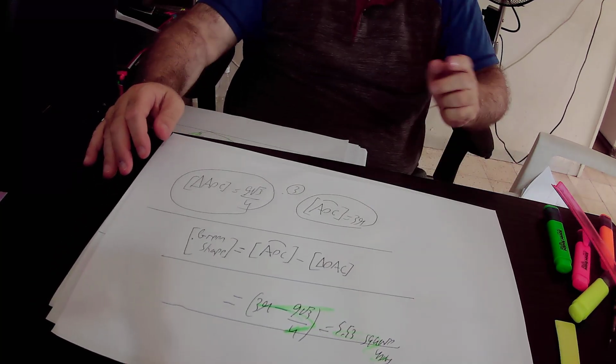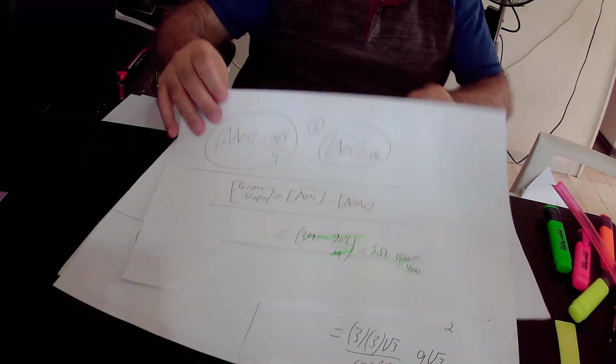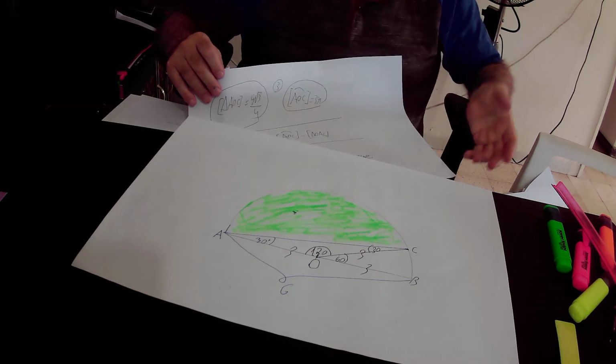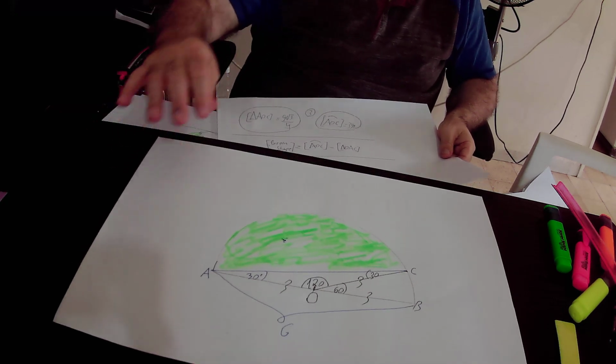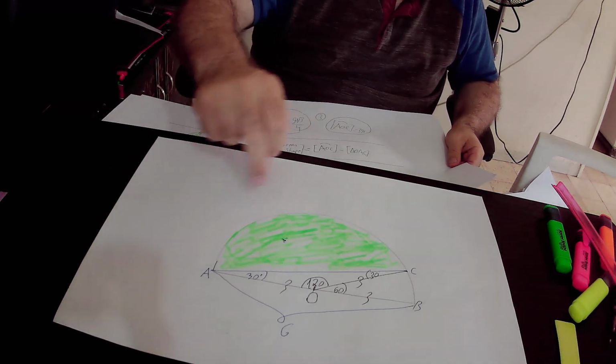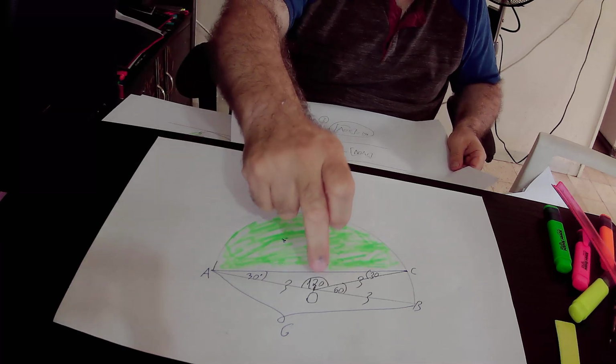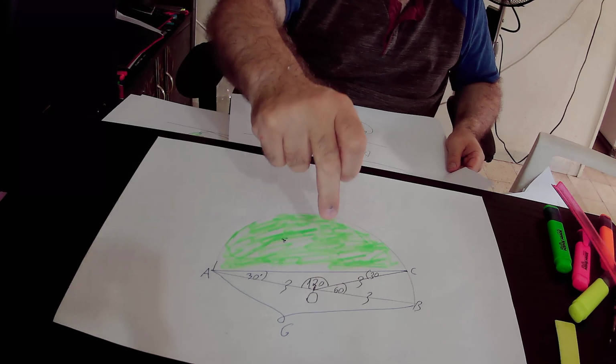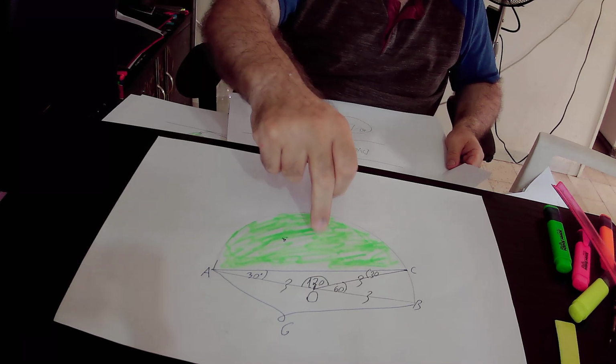But what is actually the area of this green shape? It's very easy to see that the area of this green shape equals the area of sector AOC minus the area of triangle AOC. Again, the area of sector AOC minus the area of triangle AOC will give us exactly the area of this green shape.